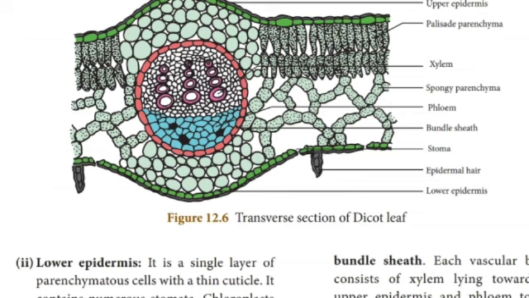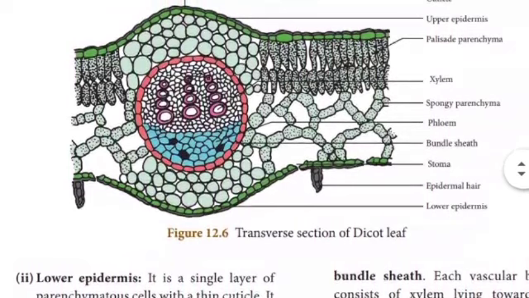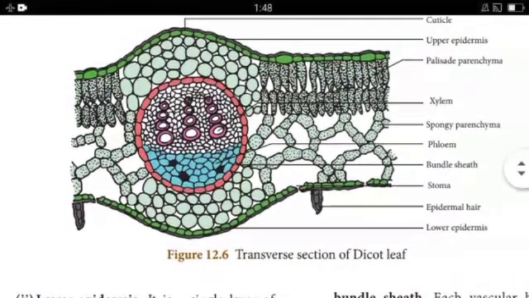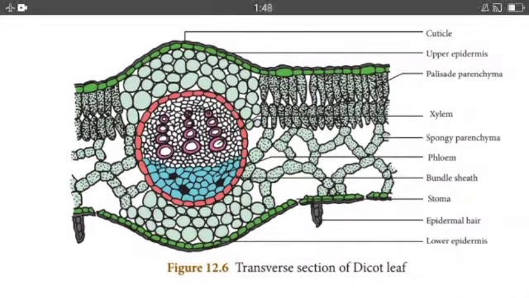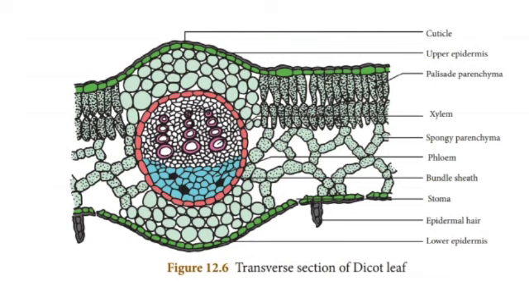Each vascular bundle consists of xylem lying towards the upper epidermis and phloem towards the lower epidermis. Did you see the picture, student? In the vascular bundle, the xylem lies towards the upper epidermis and the phloem lies towards the lower epidermis. These are the internal structures of dorsiventral leaf.